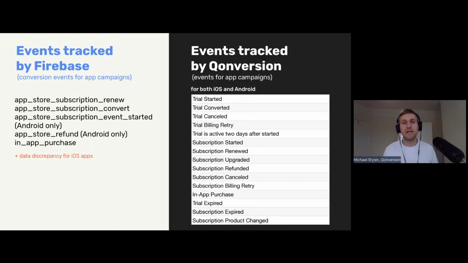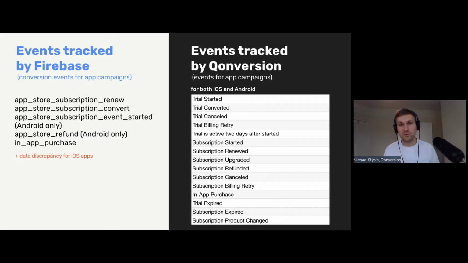On this slide, I'm showing the events that Qonversion tracks on the right and the default events available in Firebase. You do have some subscription data in Firebase, and especially for Android it's tracked accurately there. But we have more events in Qonversion, and we provide very accurate tracking for Apple platforms.